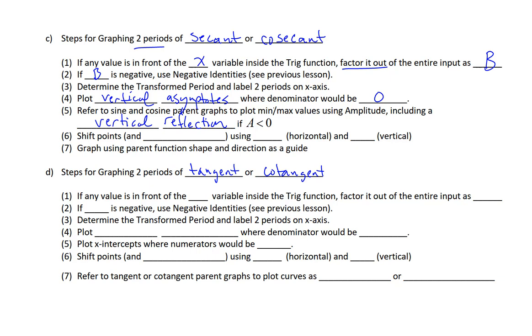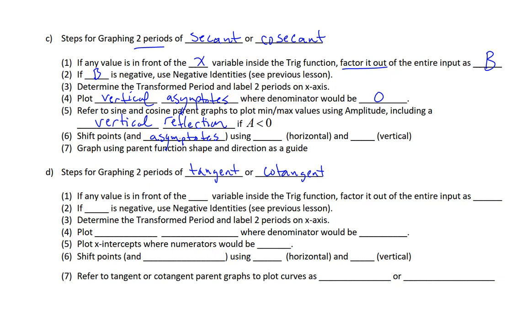Sixthly, we're going to shift points and asymptotes. In other words, if we have to shift anything, like left or right or up or down, then we would do it with the points and the asymptotes. Of course, vertical asymptotes are only noticeably shifted if they shift left and right.